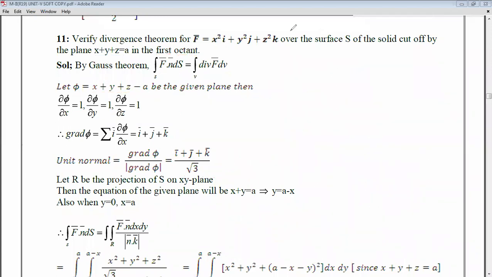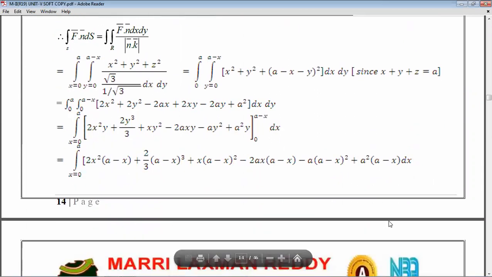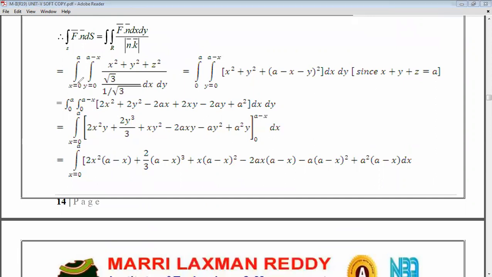So here we substituted in this form. We have the integral 0 to a and the integral 0 to a minus x of f bar dot n bar, which is x square plus y square plus z square by root 3. So this is f bar dot n bar substituted.